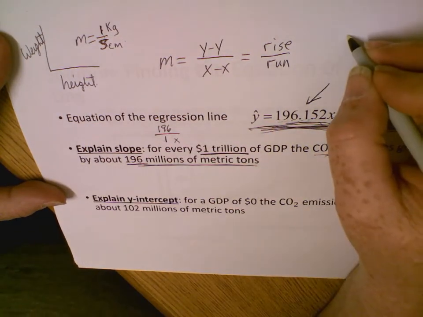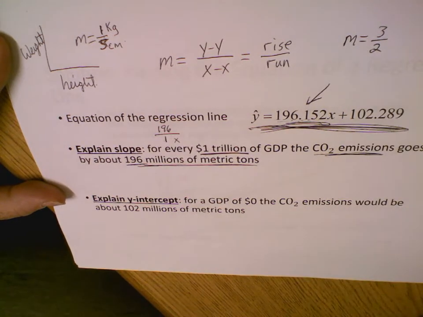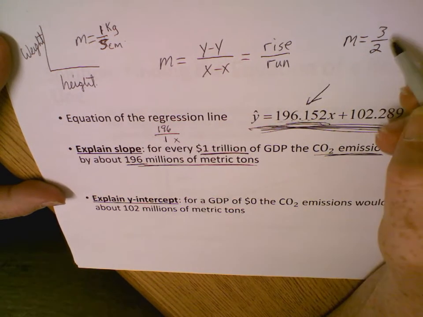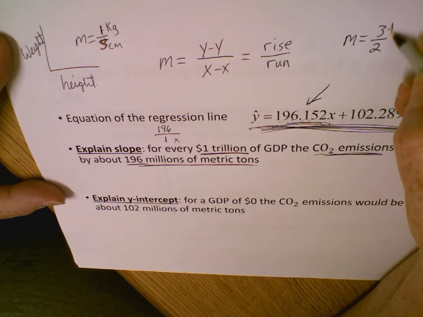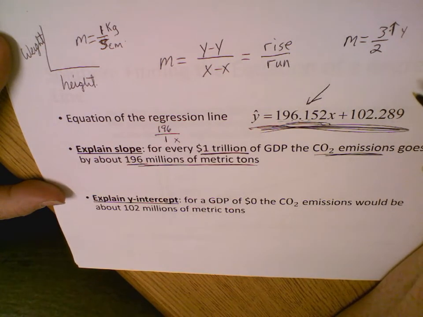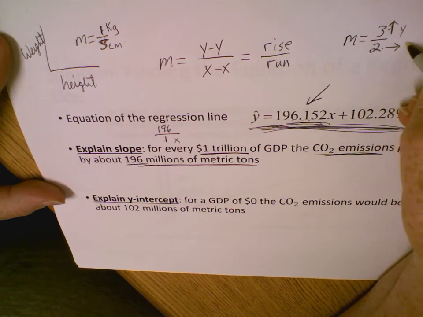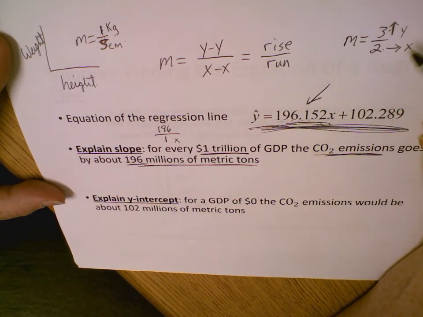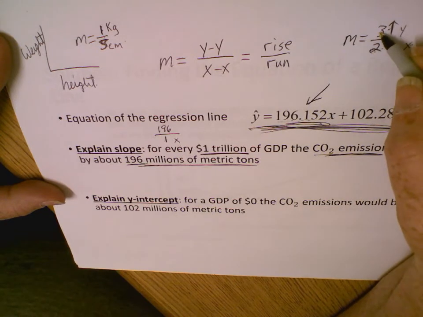So if you had another slope, maybe your slope was 3/2, for every 2 that you go up on your x-axis, or you go to the right on your x-axis, you're going to go up 3.